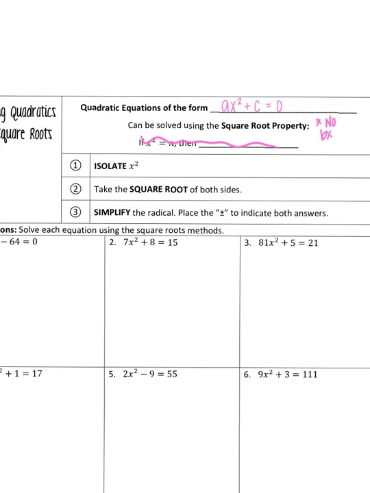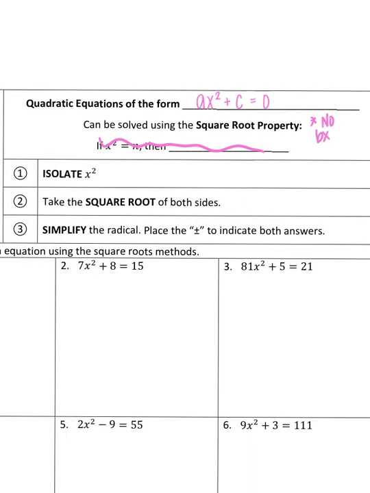Okay, so here are the steps. The first thing we're going to do is isolate x squared. Isolate means get x squared by itself, just like we do when we solve equations and get x by itself.